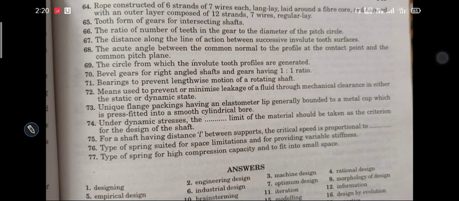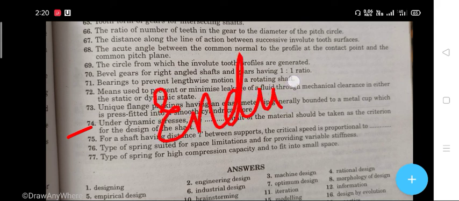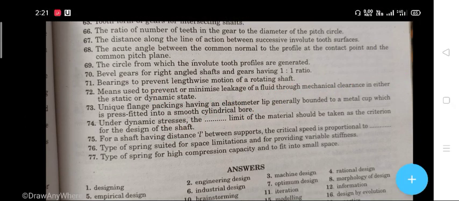Next question, question 74. Under dynamic stresses, the endurance limit of the material should be taken as the criterion for the design of the shaft. The right answer is endurance. Next question, question 75.